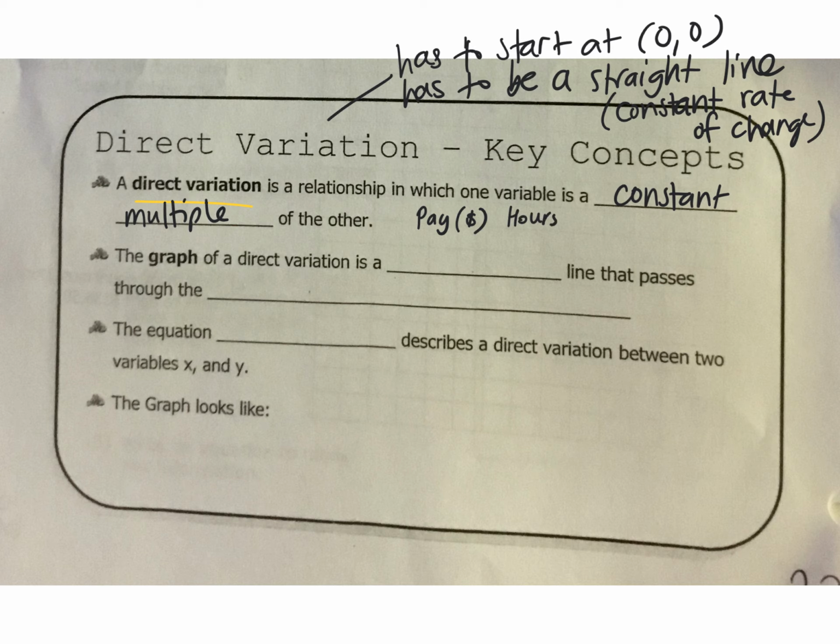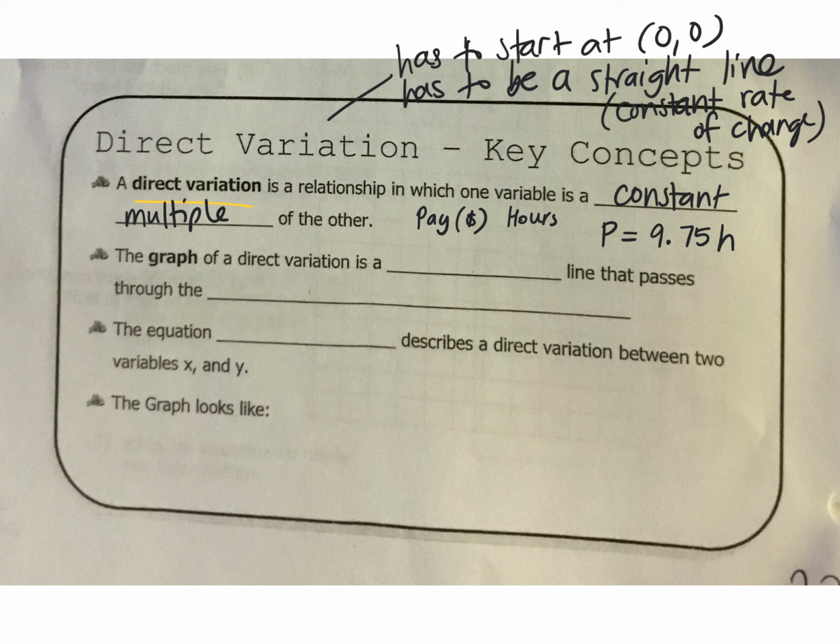Would you agree that the pay was equal to, this was the answer to one of the questions on the other page, $9.75 per hour. So one variable, the pay, is a constant multiple of the other. Every single time you add an hour, you make $9.75. Okay, does that make sense?